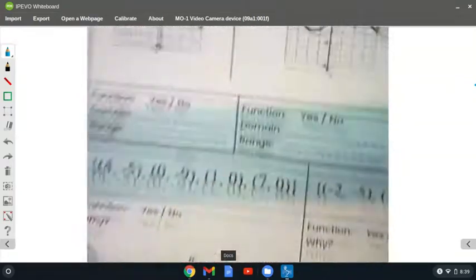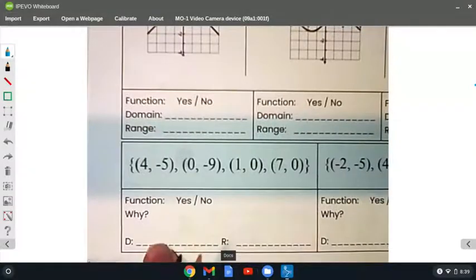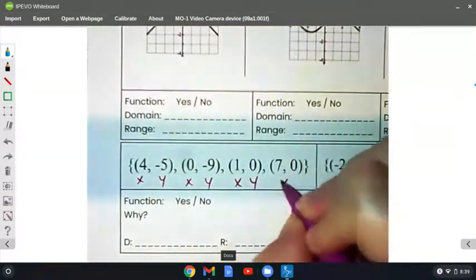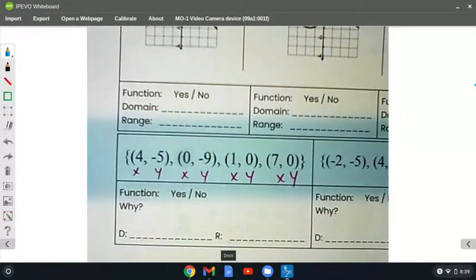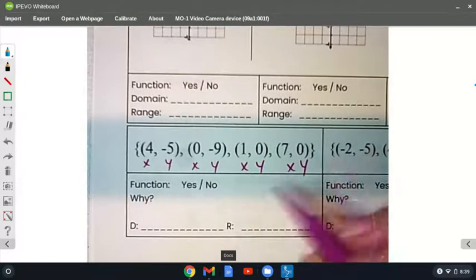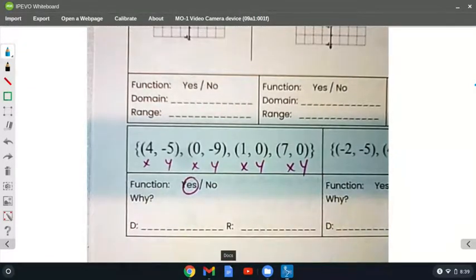These we've practiced a lot, finding the domain and range. I think we're okay. These, once again, you have x values and y values. So you want to see if you have two of the same x values, that would make it not a function. If you have two x values that have different y's. I don't see repeating x values, so I think we're okay. This is a function. Now the domain is my x values.